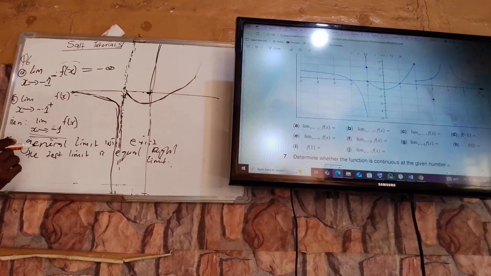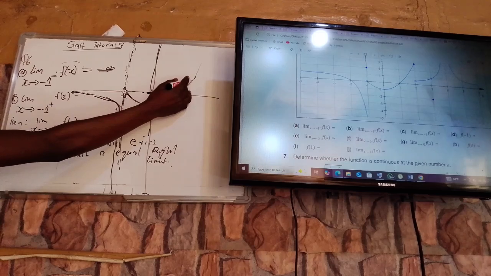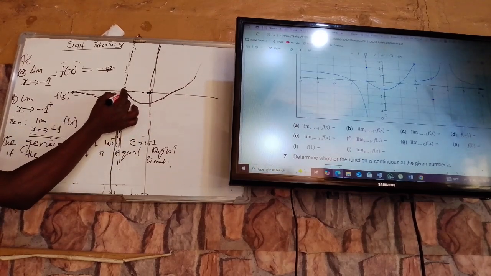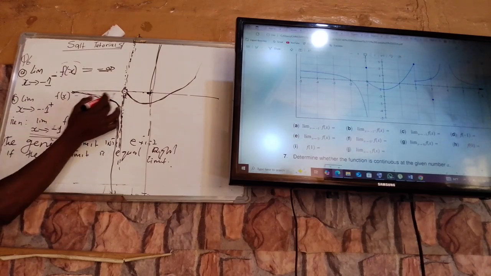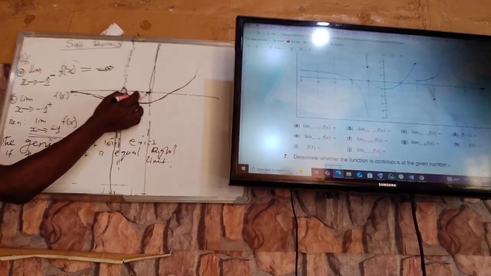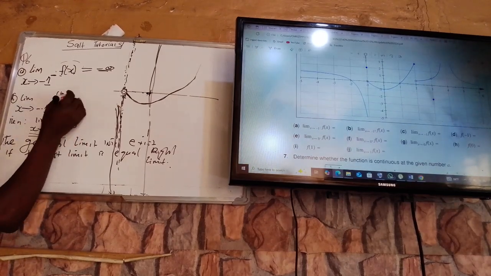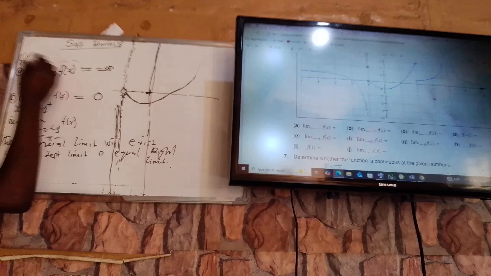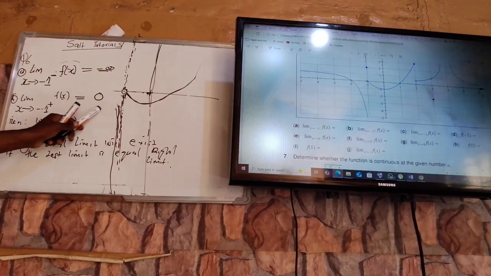It was just coming down to -infinity. But this graph is getting attracted to x equal to -1 and stops there, and when it stops there, it is (-1, 0). So from the right direction, what am I going to have? The limit here is at what? 0. So when x approaches -1, the function approaches 0.